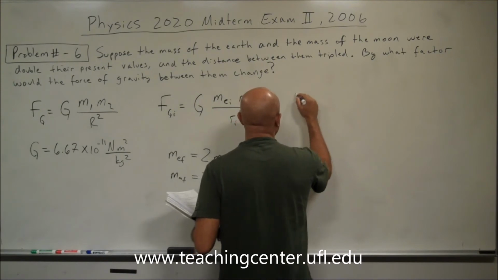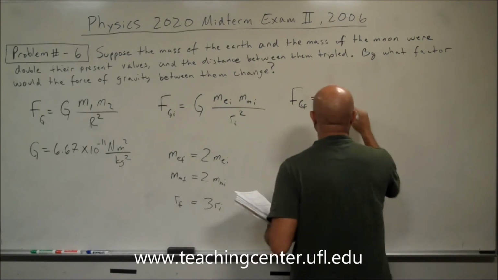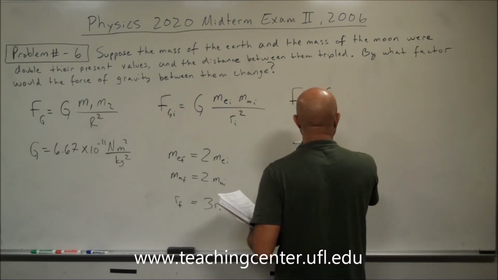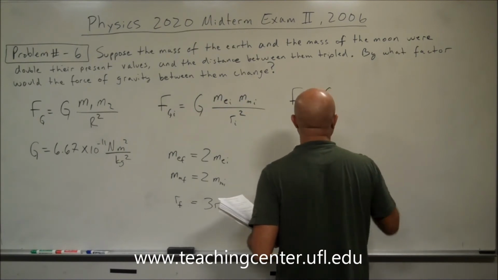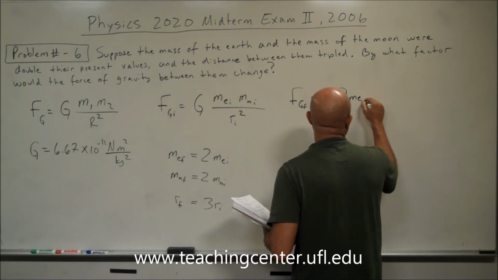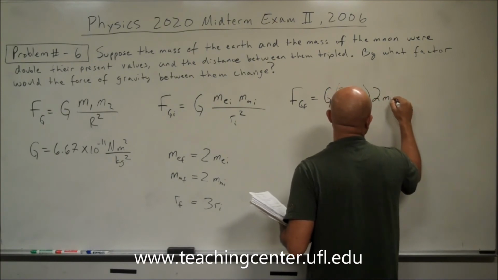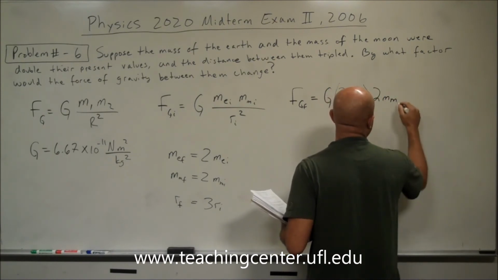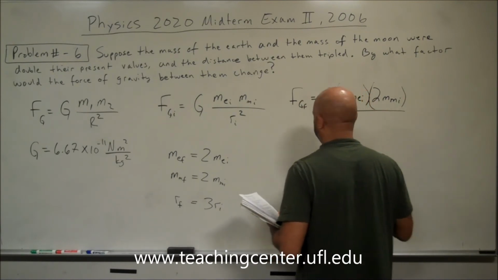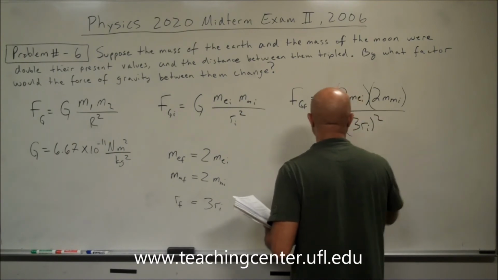So the final gravitational force between them is going to be the gravitational constant times 2 times the initial mass of the Earth times 2 times the mass of the Moon divided by 3 times the initial distance squared.